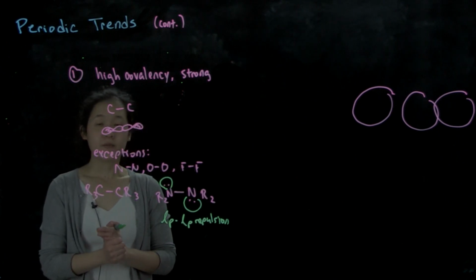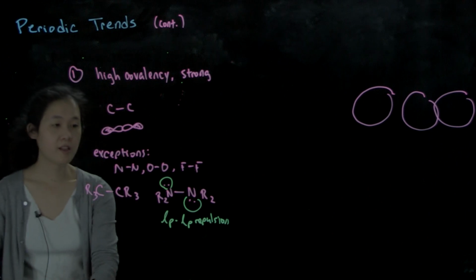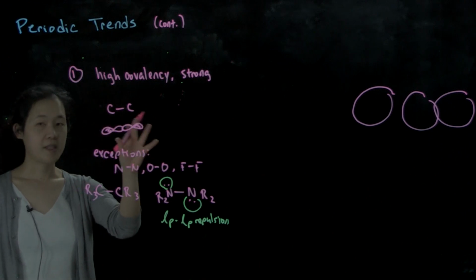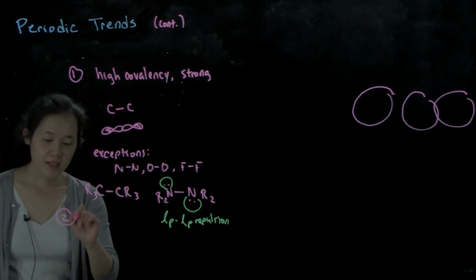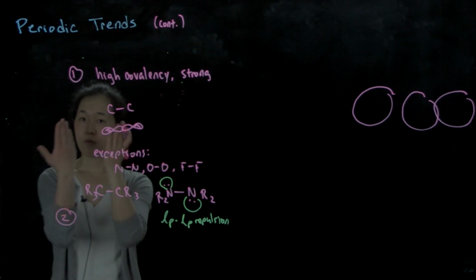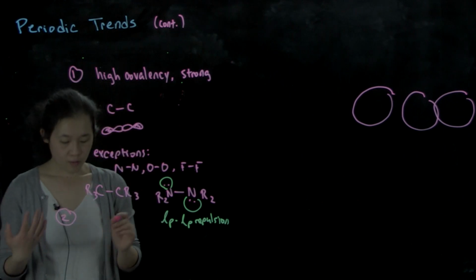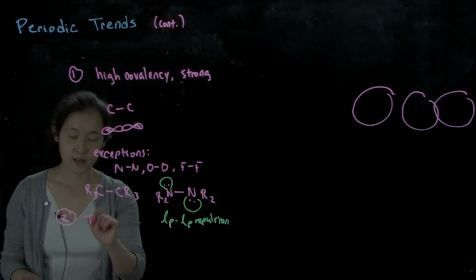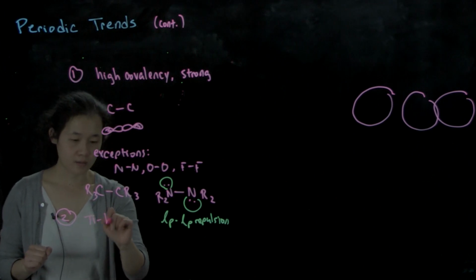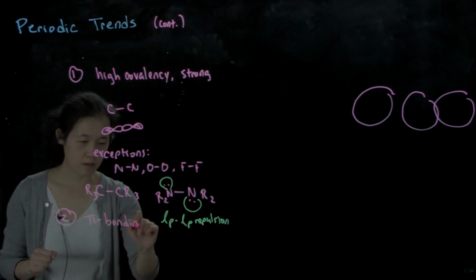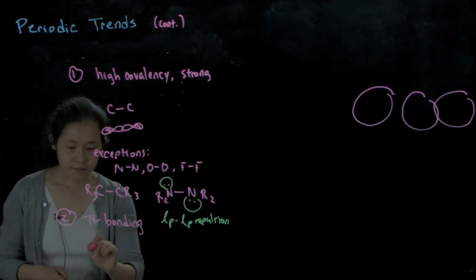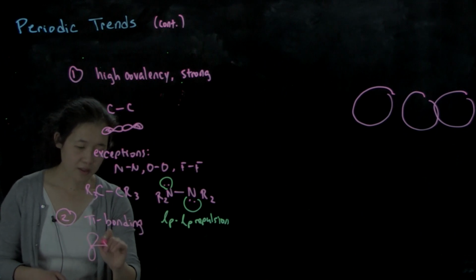OK, and then the second part, which is directly correlated to the strong sigma bonds, is that because these atoms are small, we have good overlap of perpendicular pi orbitals. So we can have extensive pi bonding for the second row elements. Again, our elements are close together. Let's say we have CC bonds.